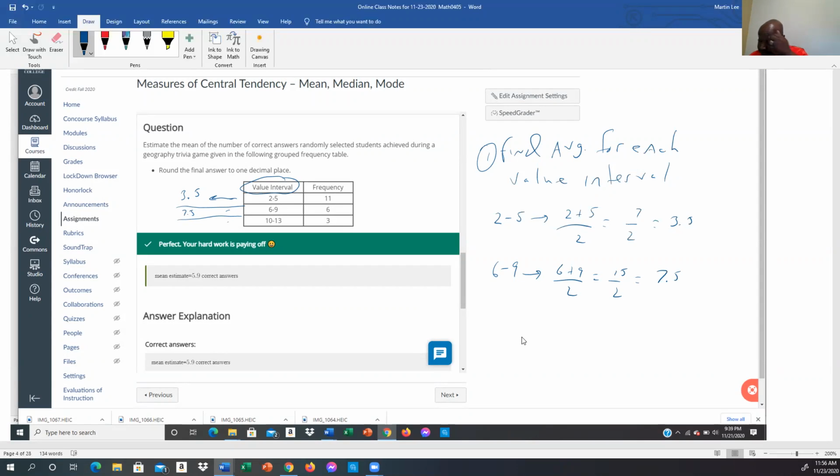And then for the value interval 10 to 13, find that average, 10 plus 13 divided by 2. 10 plus 13 is 23 divided by 2. Get my calculator, 23 divided by 2 equals 11.5.